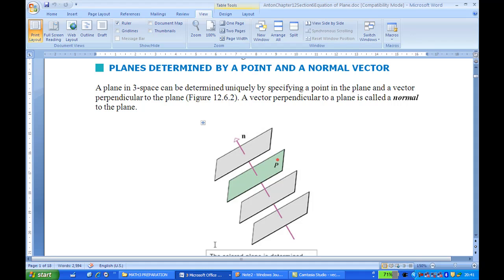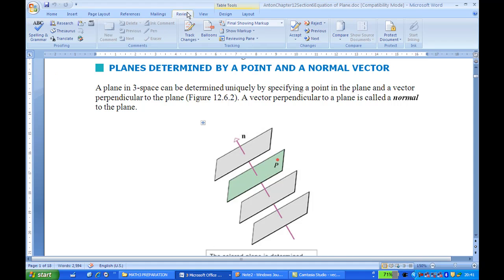And what is a normal vector? A normal vector is a vector perpendicular to the plane, as you can see from here.